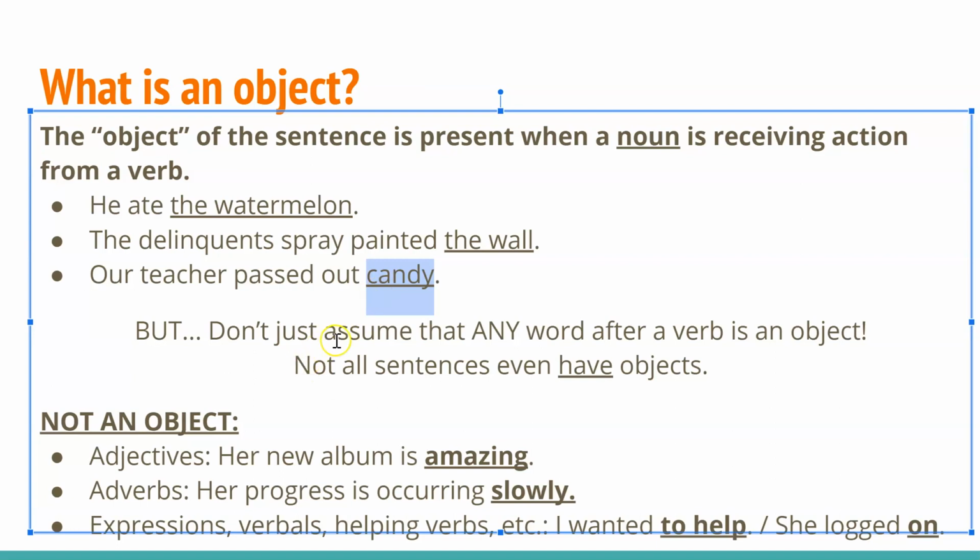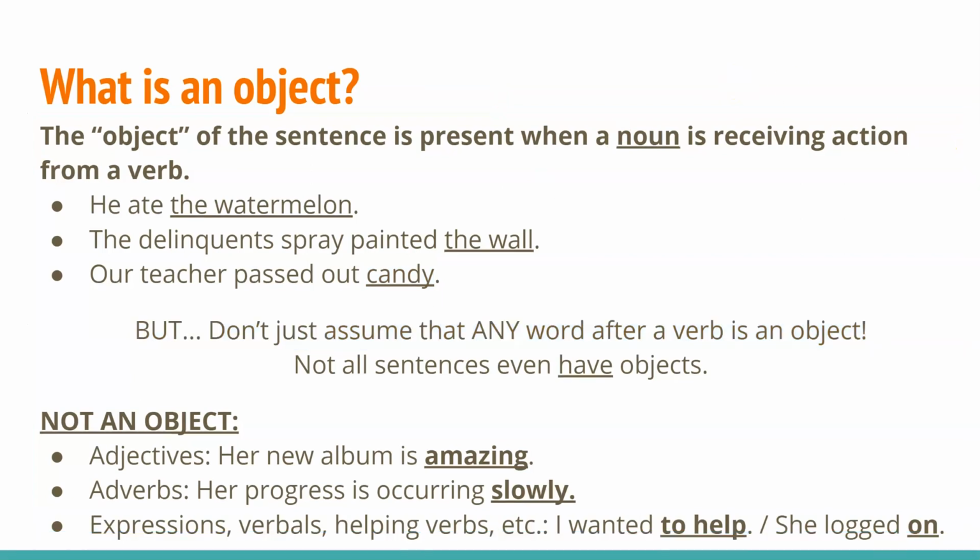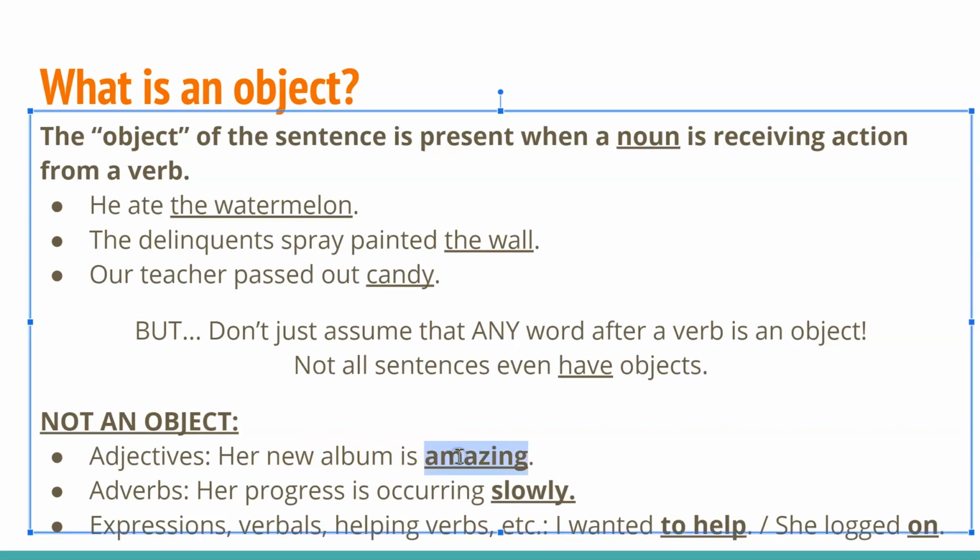However, don't just assume that any word after a verb is an object, because not all sentences even have an object. Like, look at this one. If a sentence has an adverb or an adjective at the end, that's not an object. Objects have to be a noun or pronoun. So, for example, her new album is what? Amazing. Amazing is an adjective describing the noun album.